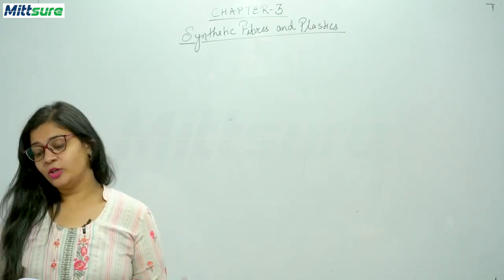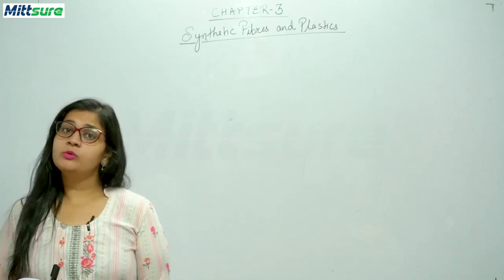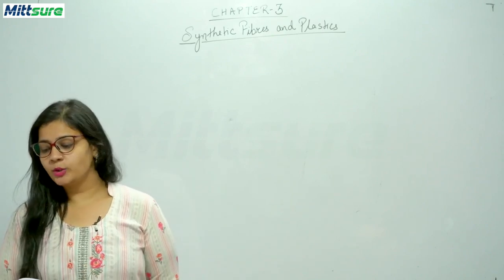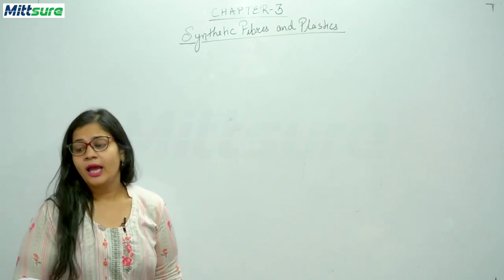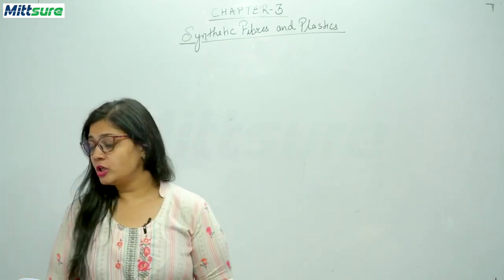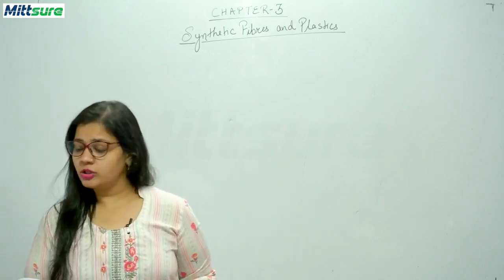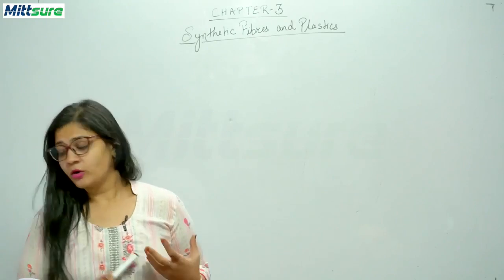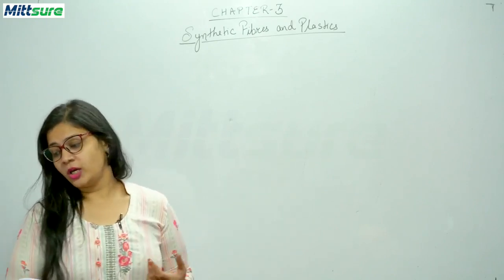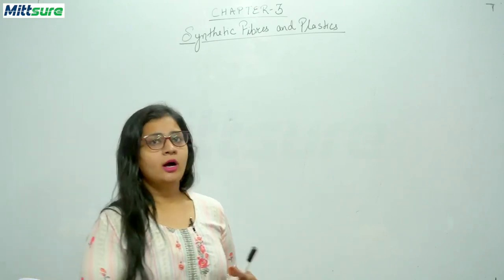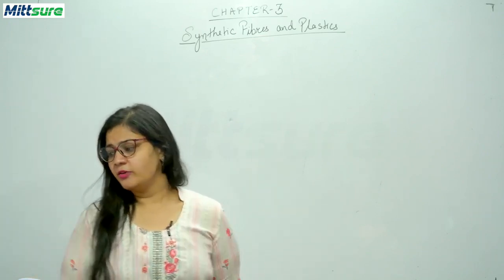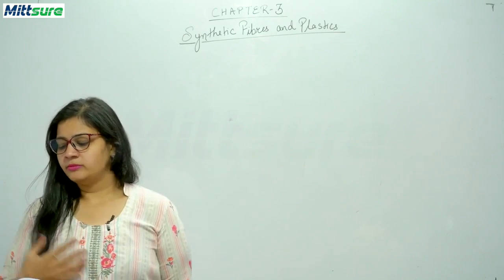So many small molecules called monomers join together to form a big molecule called the polymer, and this process of formation is called polymerization. So polymers can join in a straight chain or in a branched chain, and fibers are of two types: natural fiber or man-made fiber, or synthetic fiber.